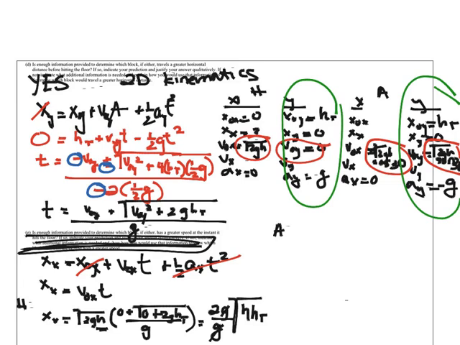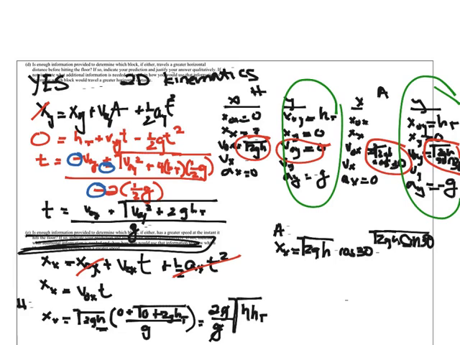For block A, on the other hand, xx will be equal to Vox, which is square root 2gh times cosine 30, times this whole monstrosity, square root 2gh plus, sorry, that's actually square root 2gh times sine 30.